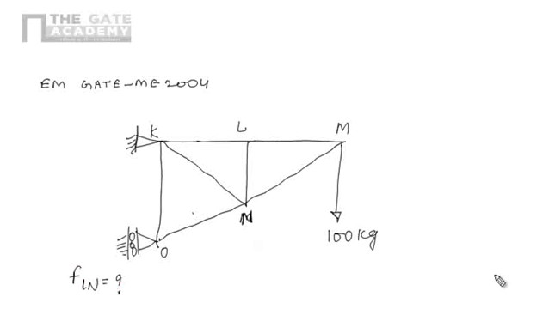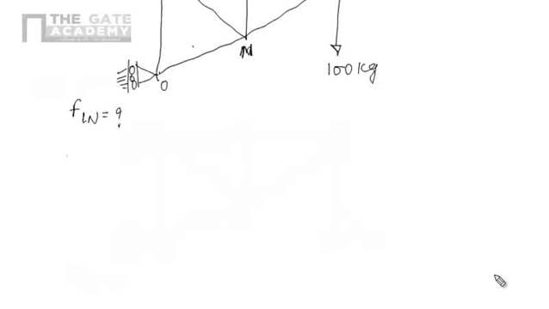So we have to find out force in member LN. So for solving this problem quickly, just draw the free body diagram of joint L. If you draw the free body diagram of joint L, there are three members as shown in figure.